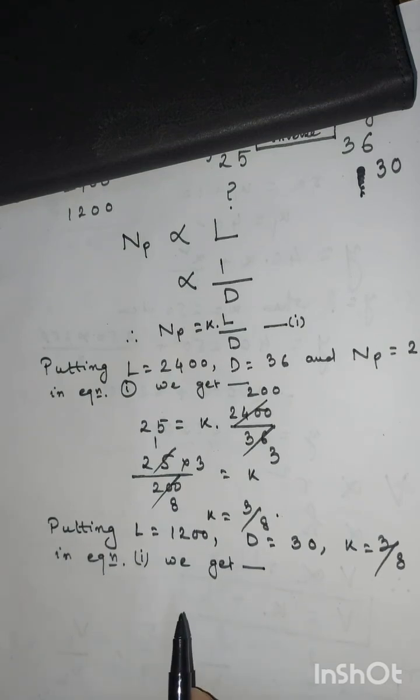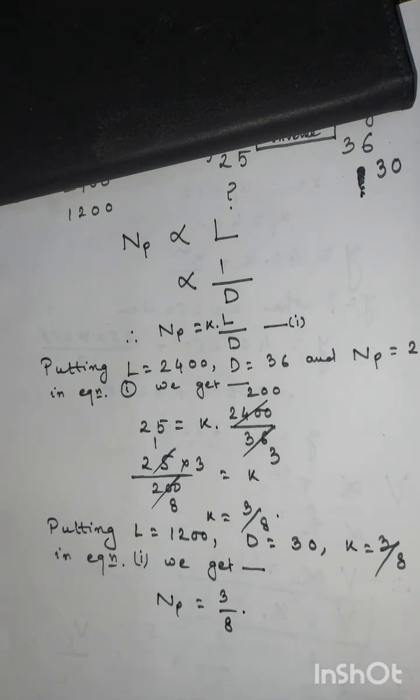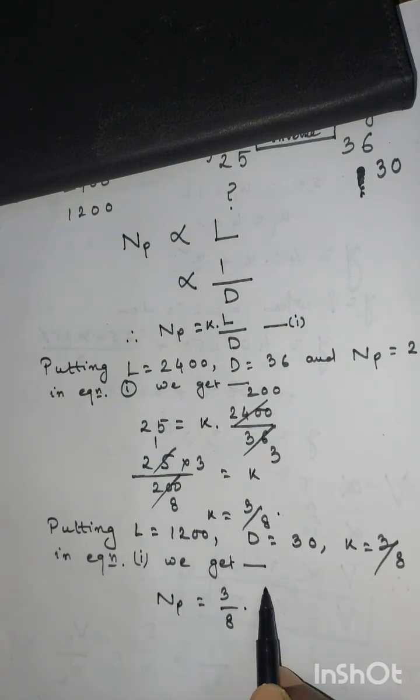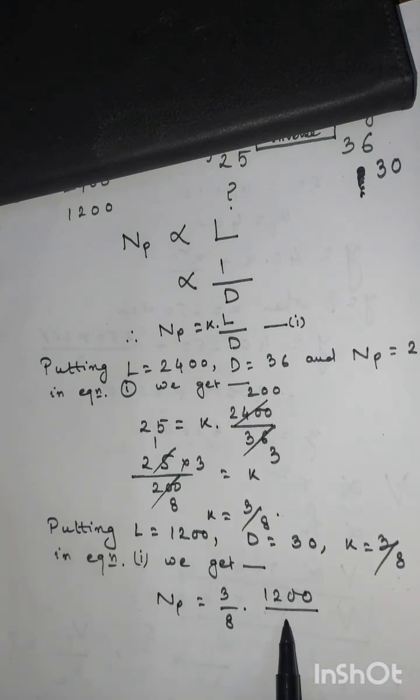NP we do not know, k is 3 by 8, L is 1200, D is 30.